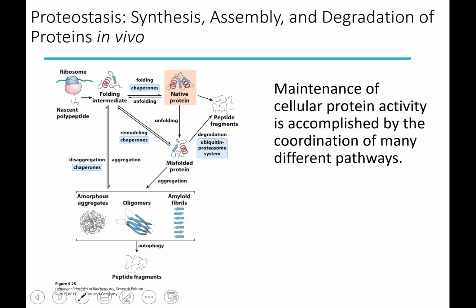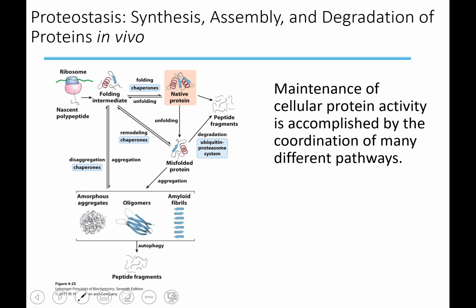So when that protein goes into the misfold, then in a cell, typically it can be tagged with something called ubiquitin. I always have trouble saying that one too. And that tags it and targets it for degradation.